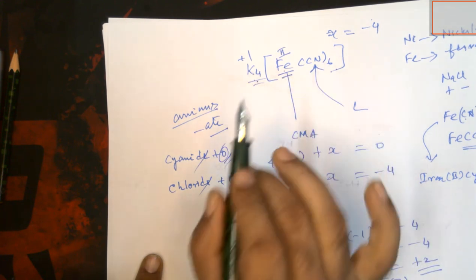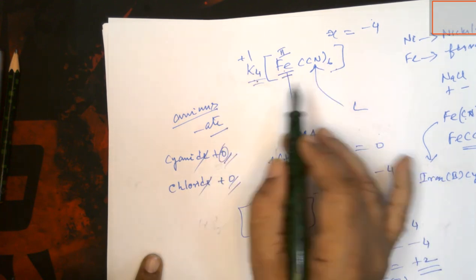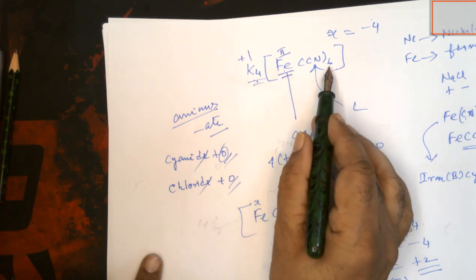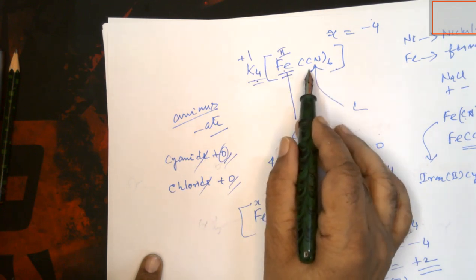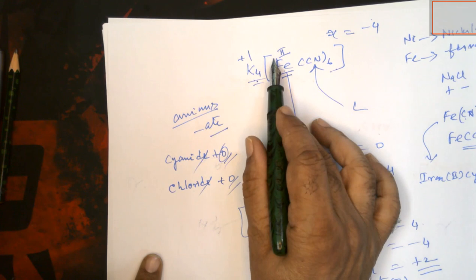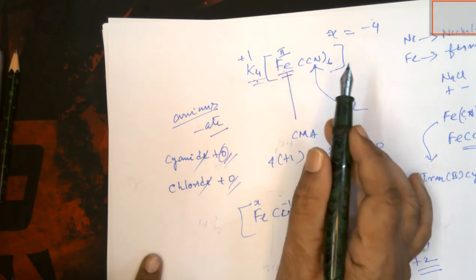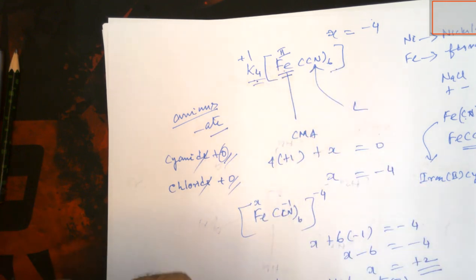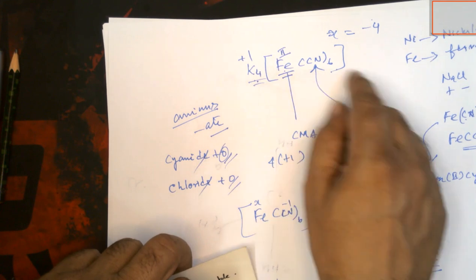So in that case, I think now it's pretty clear. That is potassium hexacyanidoferrate(II), the IUPAC name of this compound. I'll give you one more. You put K3[Fe(CN)6]. Try this.